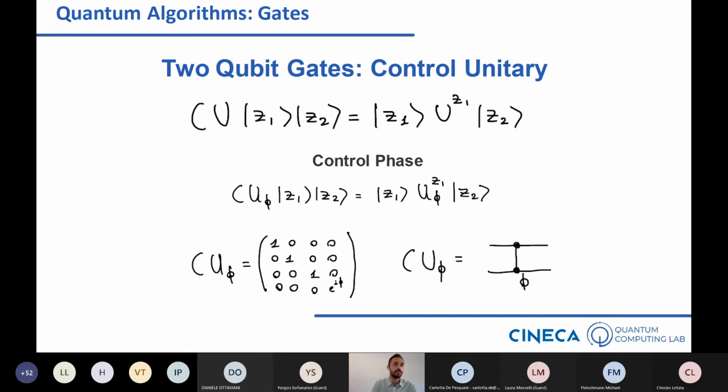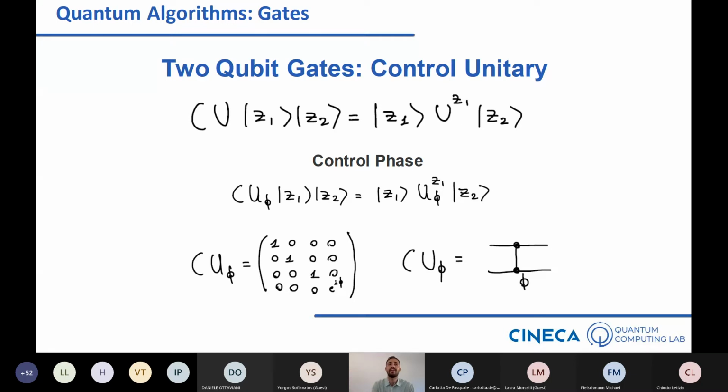In general, you can have some control unitary gates that look like this. Okay. Control unitary gates act in this way. So the zeta 1 is unchanged, and you perform a U operation on zeta 2 depending on the value of zeta 1. So usually you can write it in this way, because if zeta 1 is 1, you get a U that is applied to zeta 2. If zeta 1 is 0, it's like U to the 0, which is always the identity. No? Okay.